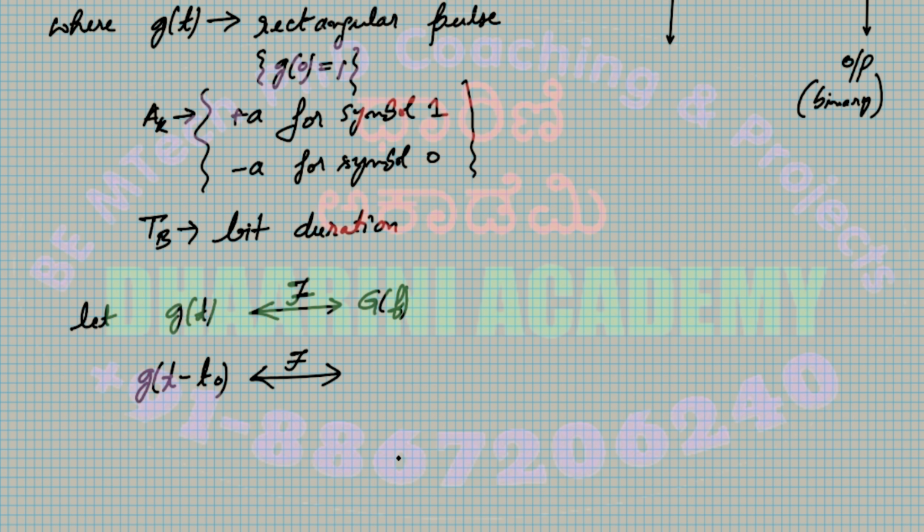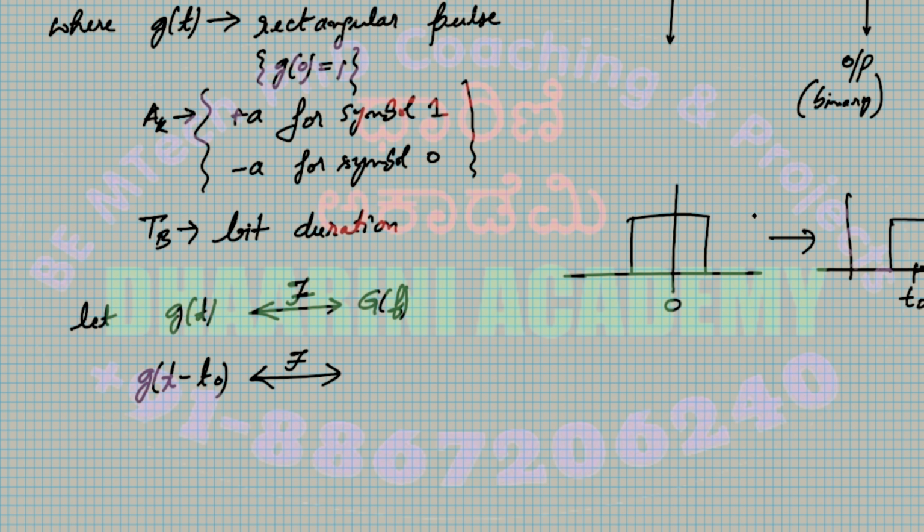There is a property. What is this? G of t to g of t minus t naught means which operation is that? What are you doing with g of t? No, in terms of the time domain, what are you doing? If I have g of t over here, g of t minus t naught means what? So this was 0. t minus t naught means you are shifting the signal to the right by t naught units, isn't it? So I have g of t.